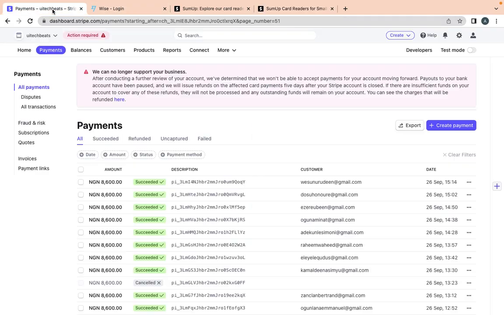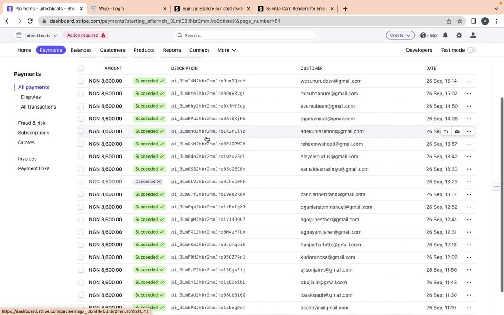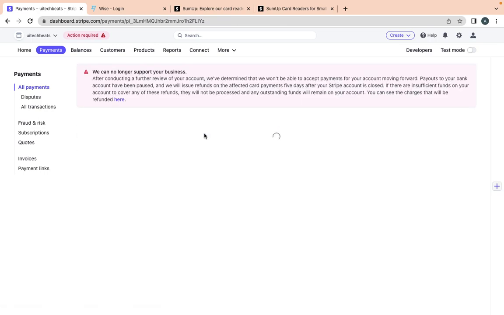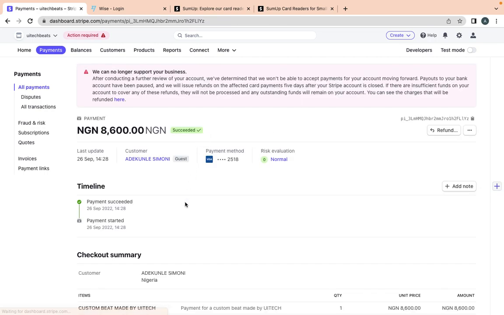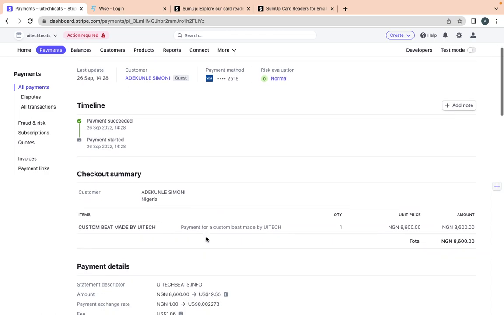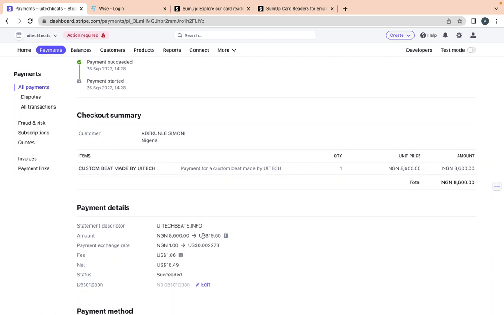Okay, so let me just calculate how much. If you are funding your account with 8,600 naira, and Stripe converts it to $19.55, your net amount is $18.49.